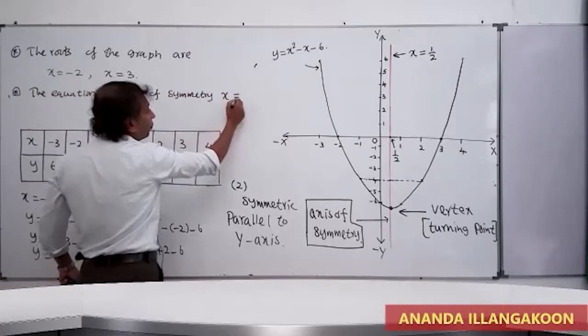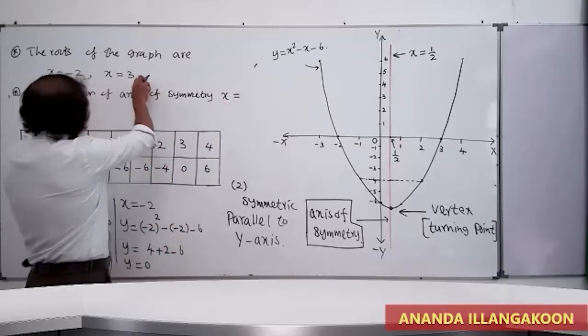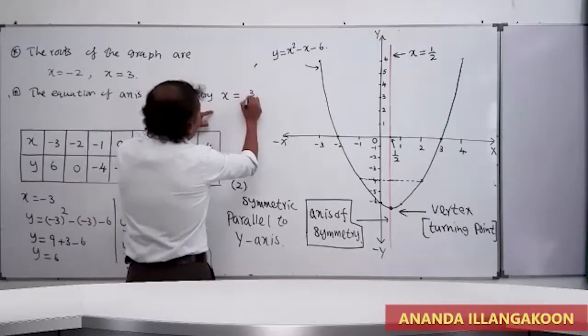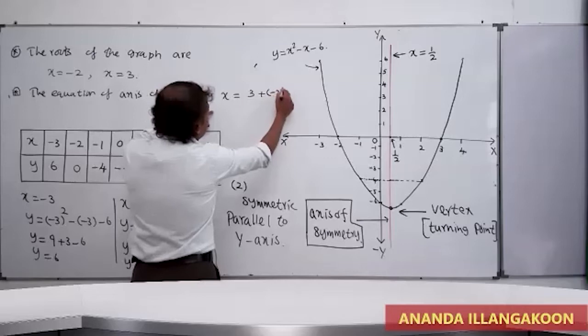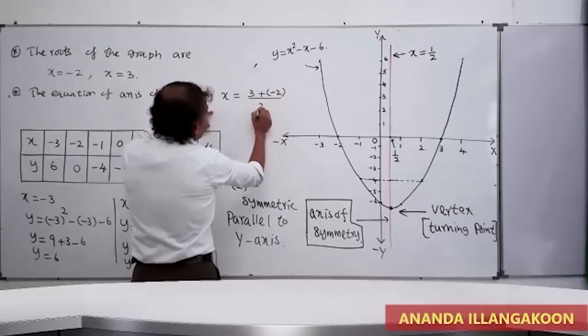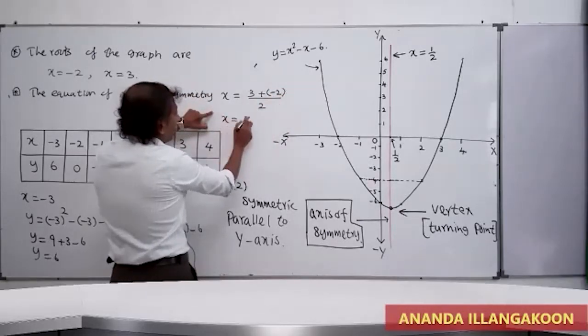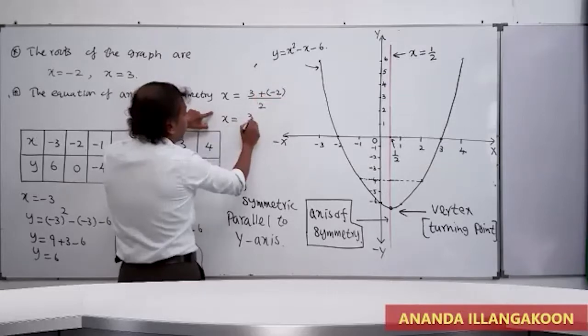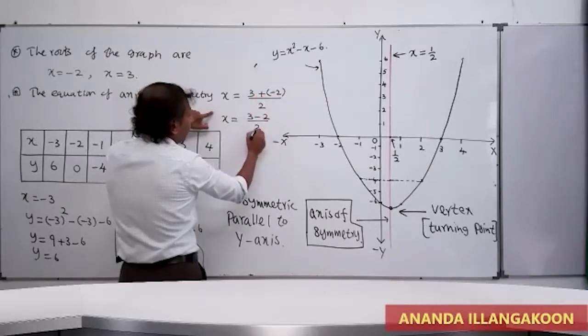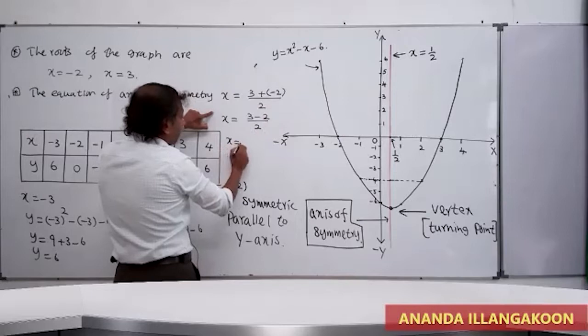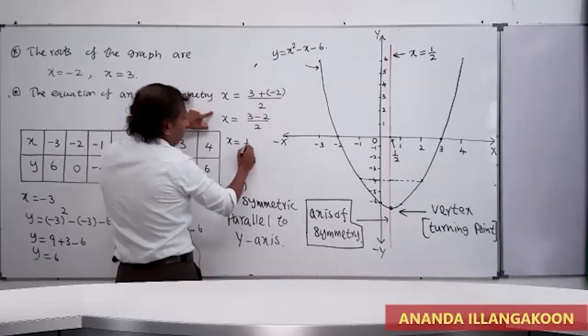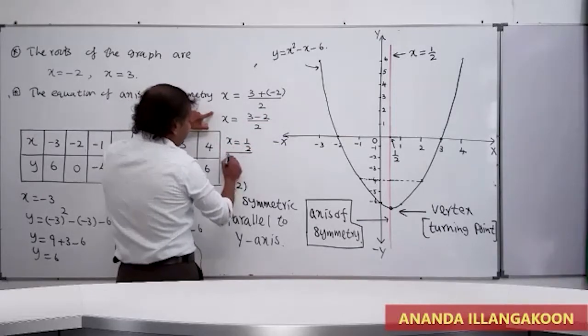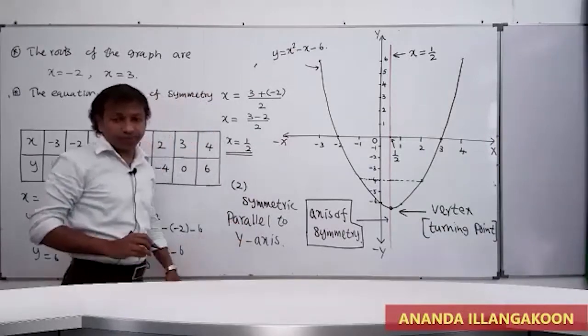X equals, how to take that, people? Add the two roots, 3 plus -2 and divide by 2. Then we get 3 minus 2 is 1 over 2. X equals half.